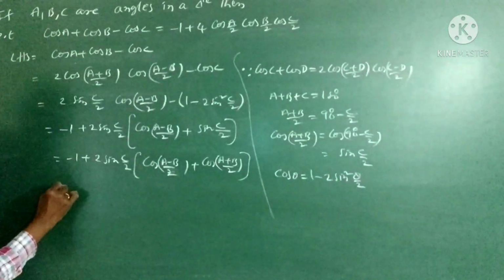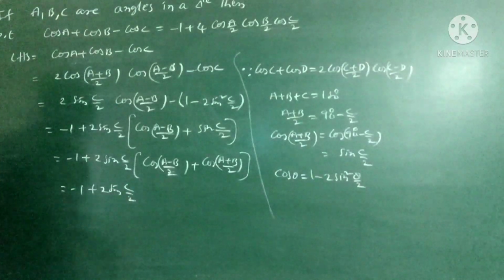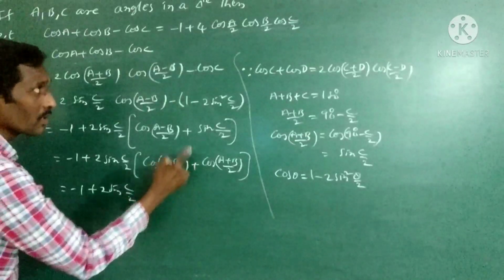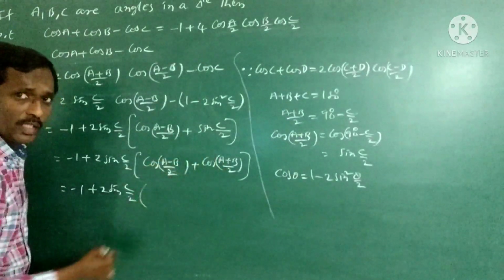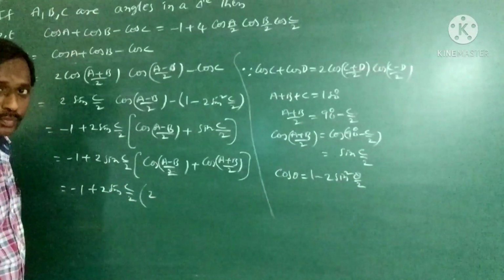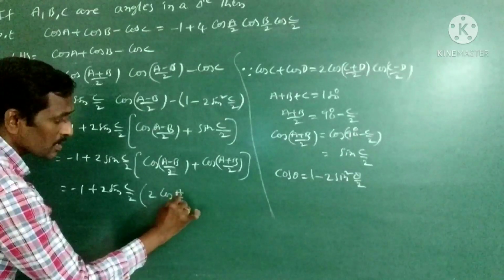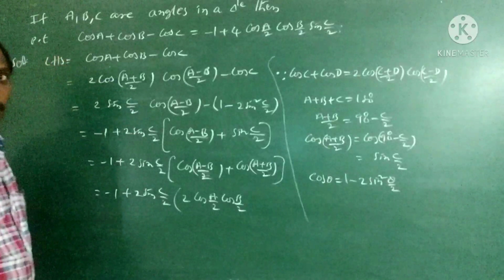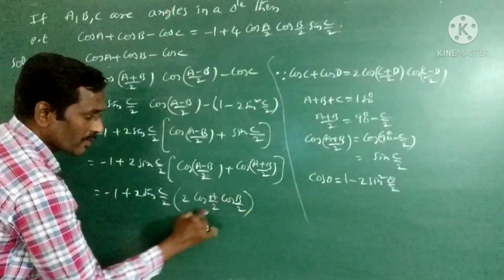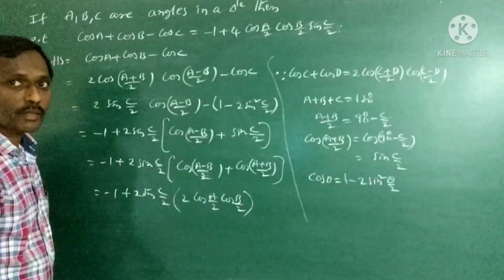So minus 1 plus 2 sin C by 2 of, here we have the cos functions A by 2, B by 2. In the 4 formulas, anyhow we have to get the 2. Then A by 2, B by 2, see the answer, write the values: cos A by 2, cos B by 2. So this is the value. By saying the answer also we can, otherwise directly you can use the formulas also.